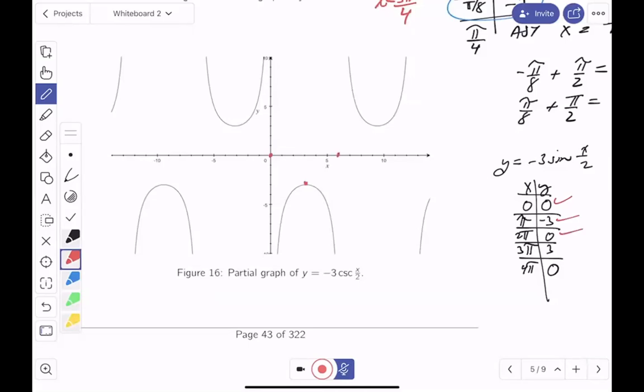And then I get 3 pi, 3. That's over here about. And then I get 4 pi, 0. It's over here somewhere about. All right. And the sine function would look sort of like this.